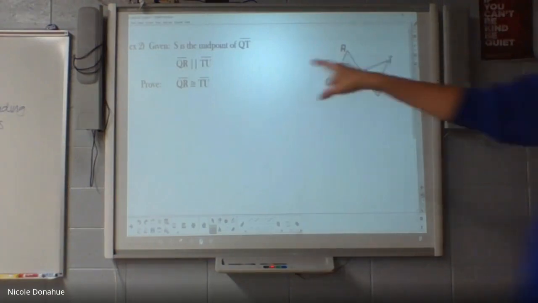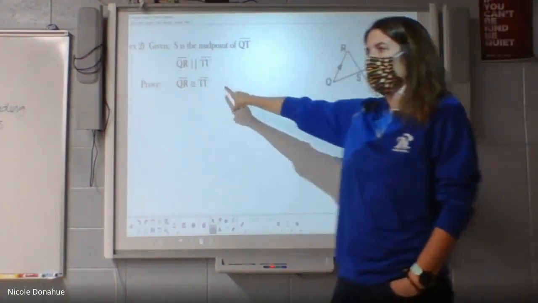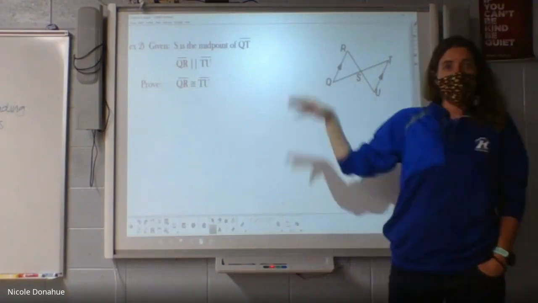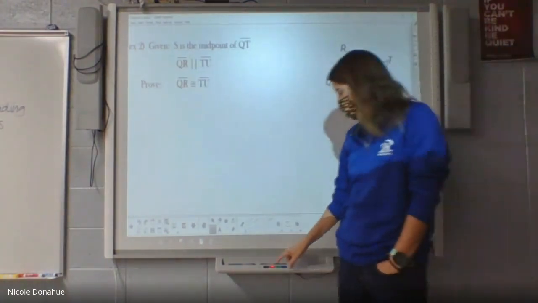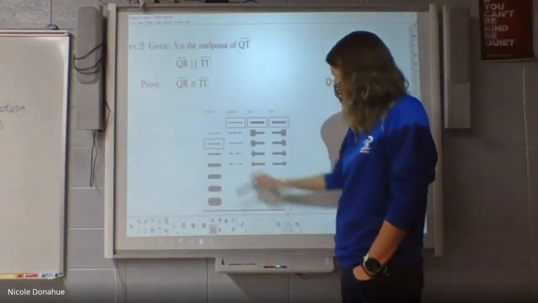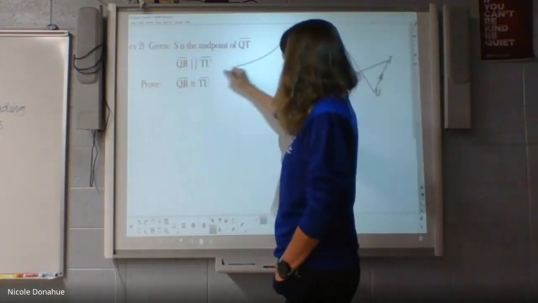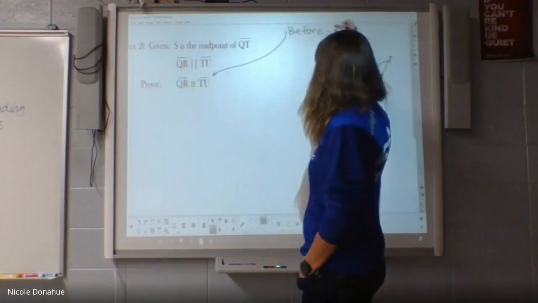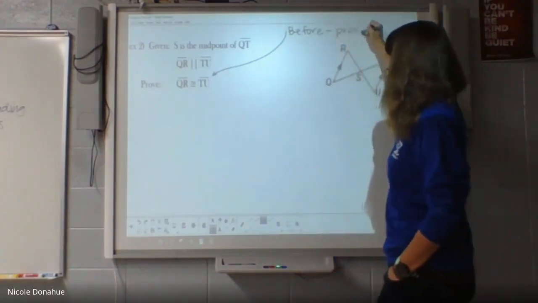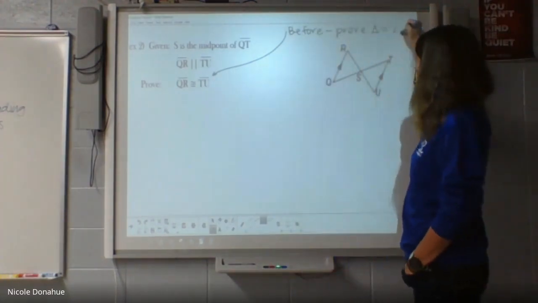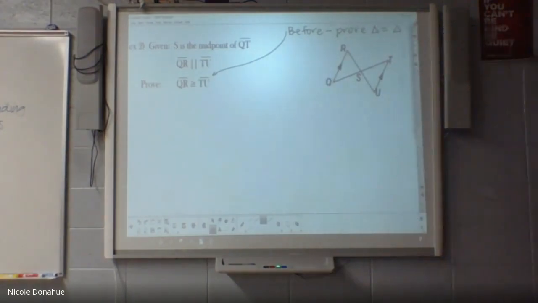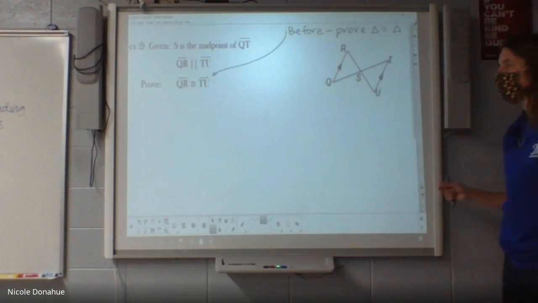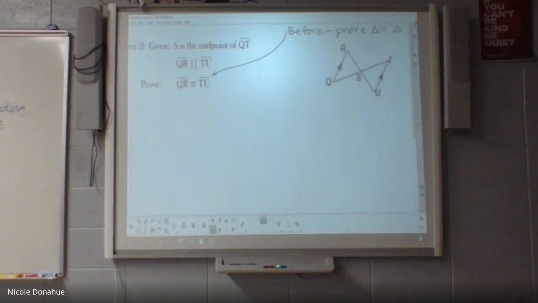The fact that they're not asking for triangles to be equal means that somewhere in there you're going to have to say that they're equal. So before we can do that, we have to prove the triangles are equal.